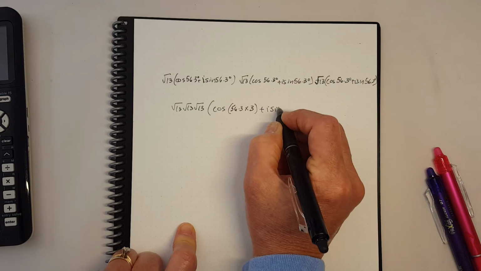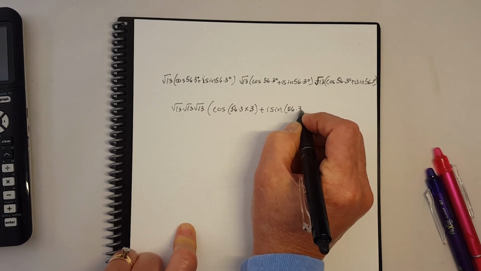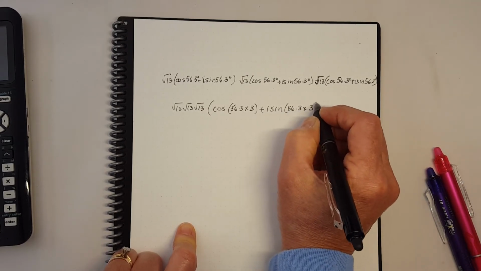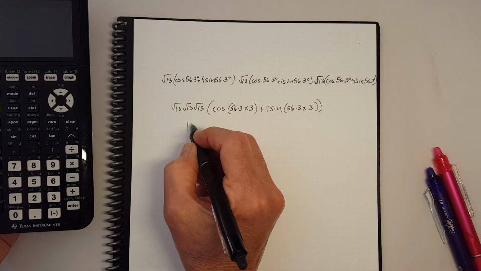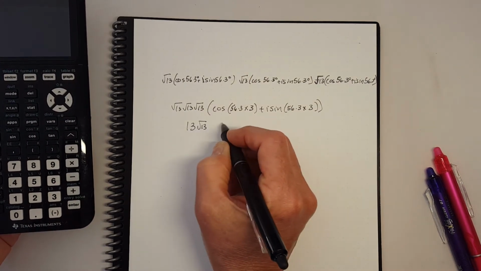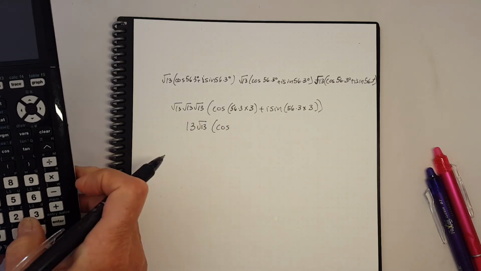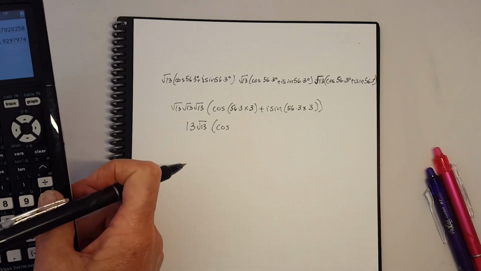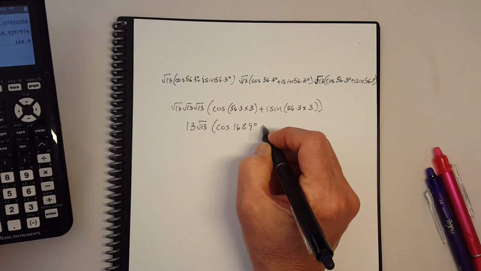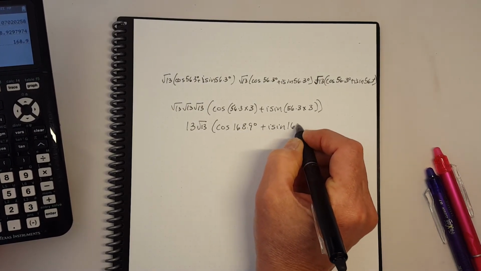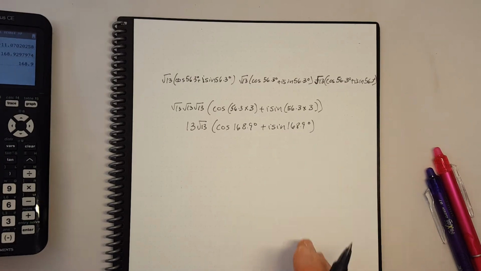Plus i sine 56.3 times 3. And when we do that, root 13 times root 13 is 13, so we have 13 root 13 cosine, and then 56.3 times 3, if I add it 3 times, is 168.9 degrees, plus i sine 168.9 degrees.